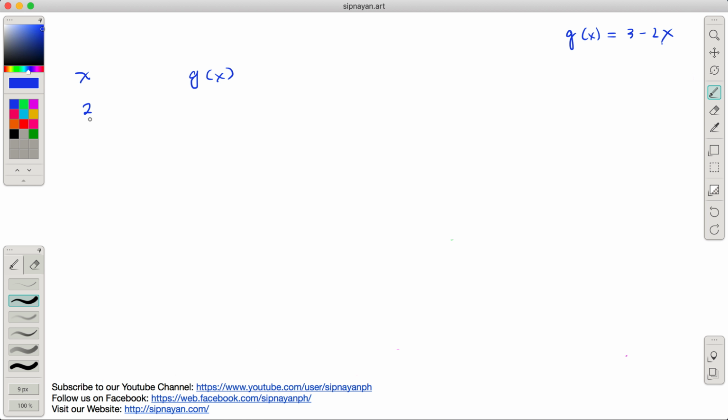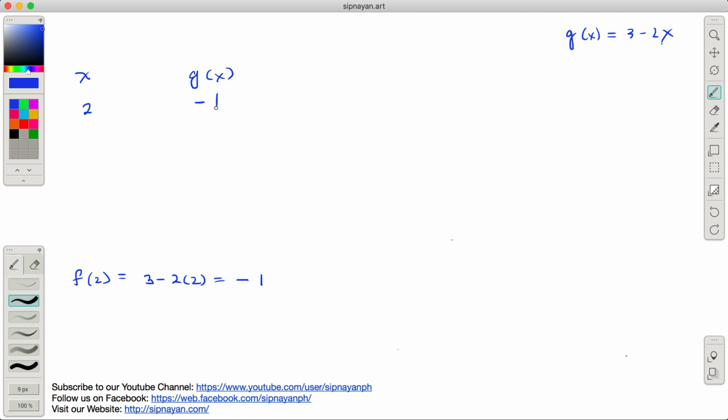So, pag sinabi natin 2 ang input, meaning x equals 2, ibig sabihin nun tayo ay we are calculating for g of 2, no? Which is equal to 3 minus 2 times 2. So pag ang value ng x natin ay 2, ang gagawin lang natin is to substitute lahat ng x dito sa equation na to. Lalagyan natin ng 2. And 3 minus 2 times 2 is the same as 3 minus 4, and 3 minus 4 is equal to negative 1.